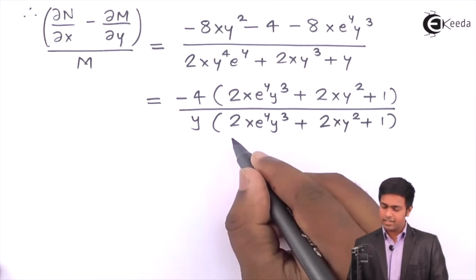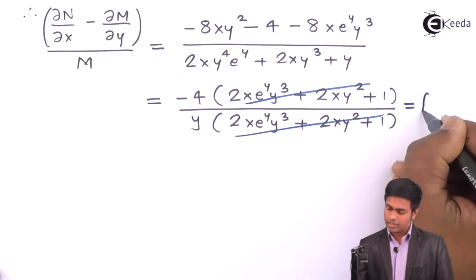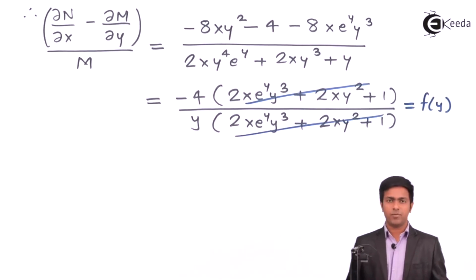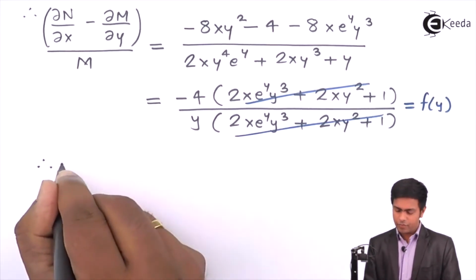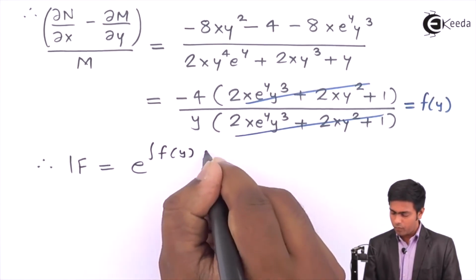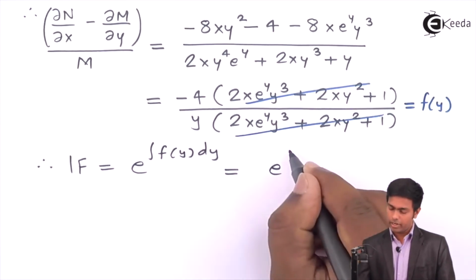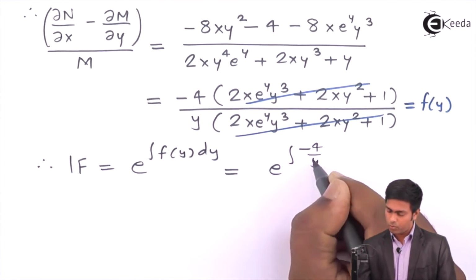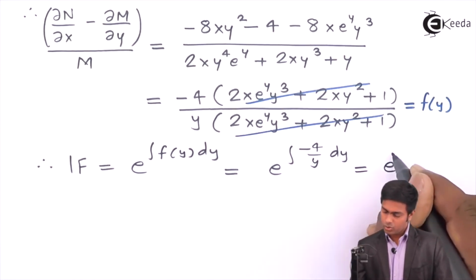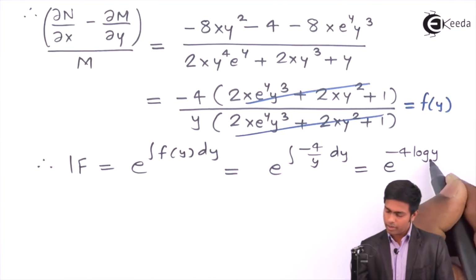Now guys, we can cancel these two brackets which are the same, and we get minus 4 upon y, which is nothing but a function of y. So it means it matches pattern number 4, and hence the integrating factor equals e raised to the integration of f(y) dy. This will give us e raised to the integration of minus 4 upon y dy, which is nothing but e raised to minus 4 outside, and the integration of 1 upon y is log y.